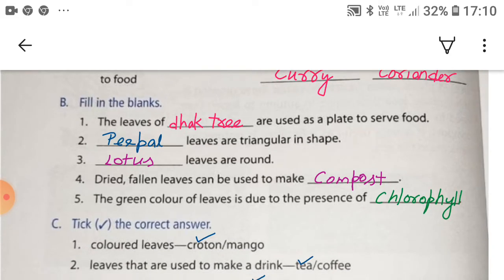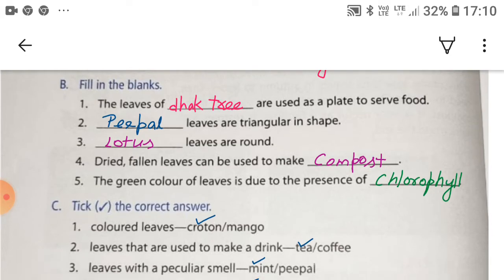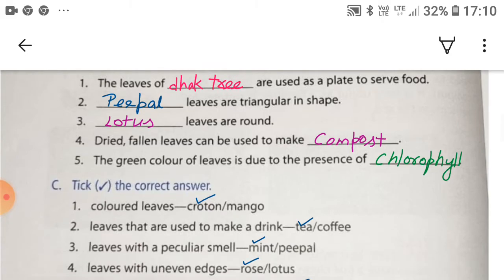Now B. Fill in the blanks. So first, the leaves of dhak tree are used as a plate to serve food. Second, peepal leaves are triangular in shape.